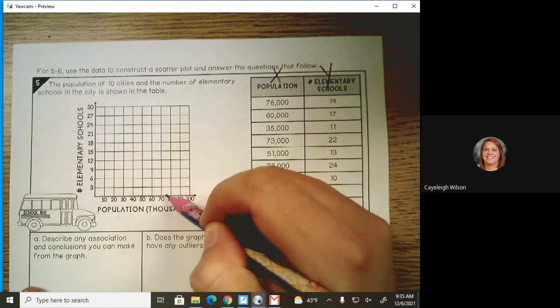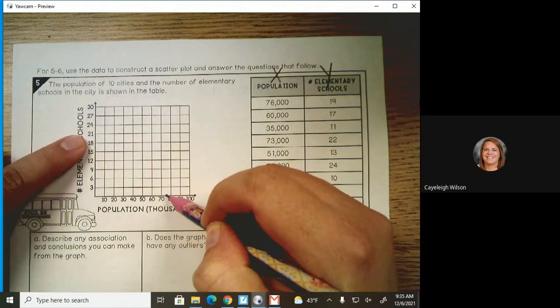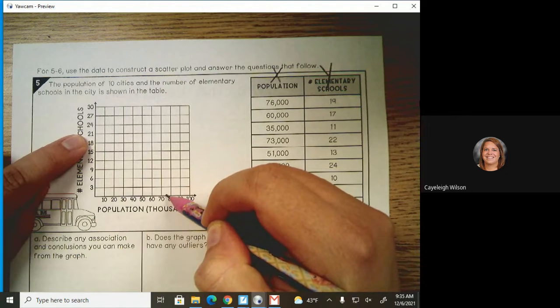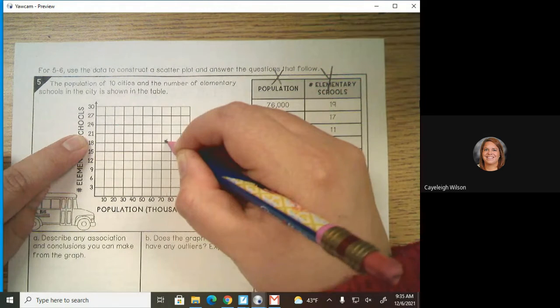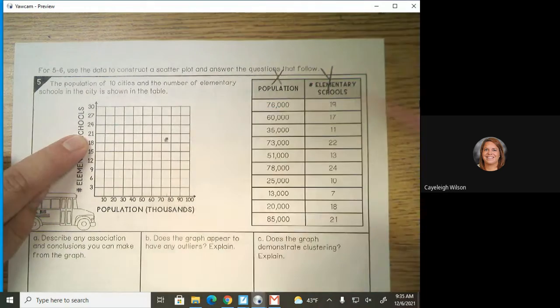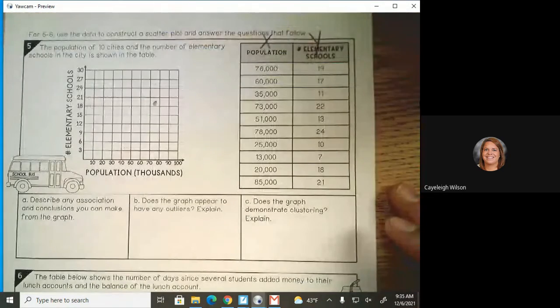And then it says 19. Well, they don't have a 19 over here. They only have an 18 and a 21. So it's going to be just a little bit more than 18. So when I go up here, it's about halfway and it's about right here. So yes, I know that they don't have the most perfect little lines like the other one did, but you can still do it.